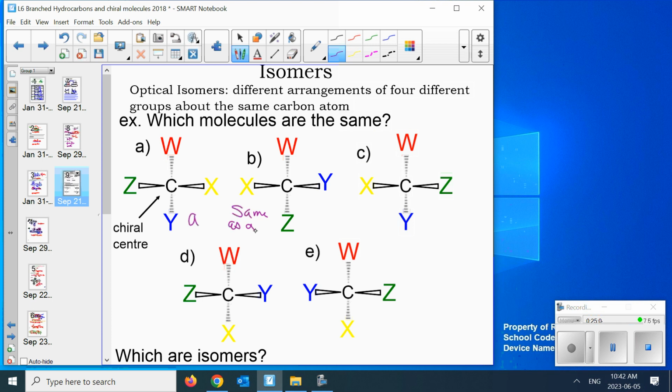Without building the model, can you tell that those are the same? There's a few ways of doing it. I put W, the red, at the top every time. Here's why. If you have this held still, and I'll show you this, it doesn't do well on video. Okay, Z. You see how mine is like this?